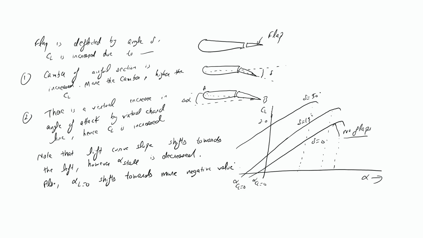But what about the CL alpha curve? Is there any change in the CL alpha curve? No, there will not be any change in the CL alpha curve while deflecting the flap. So the CL alpha slope remains unchanged.